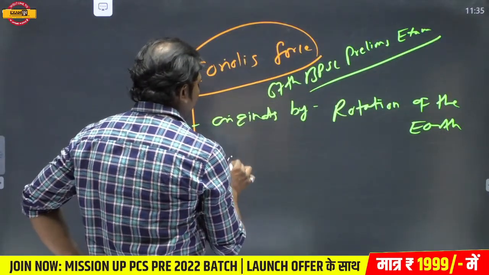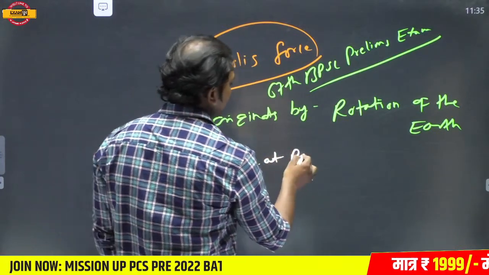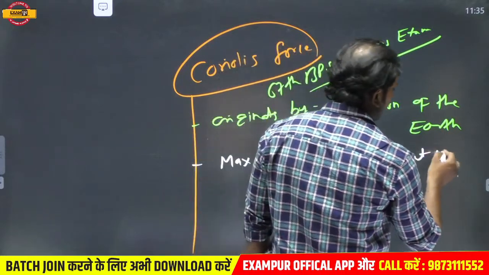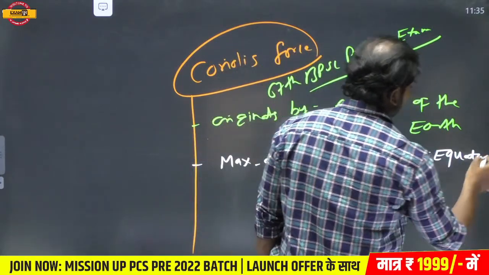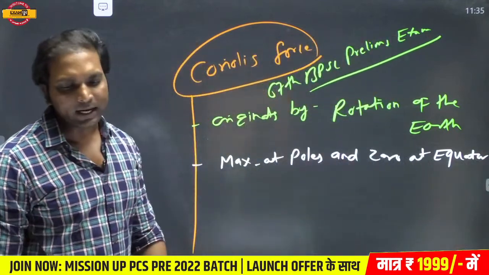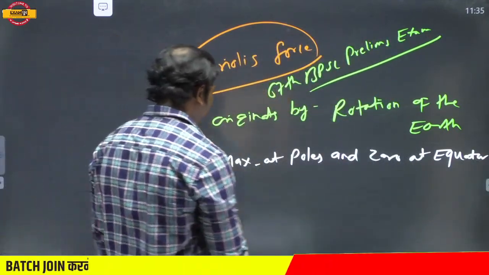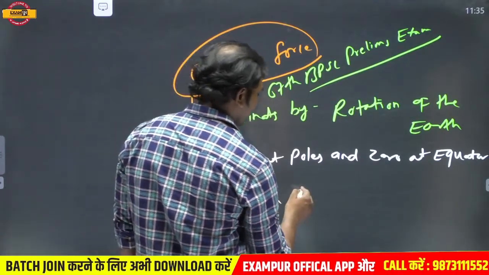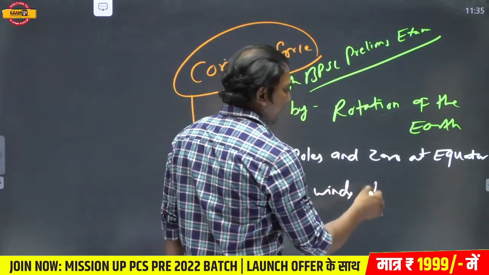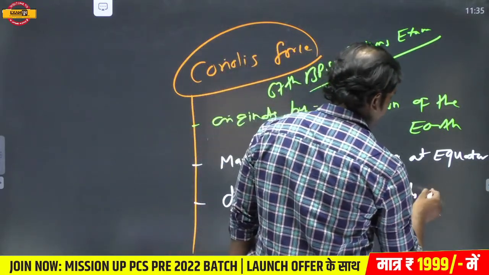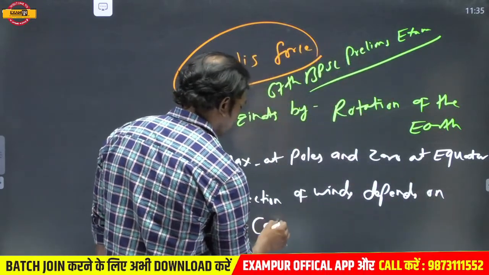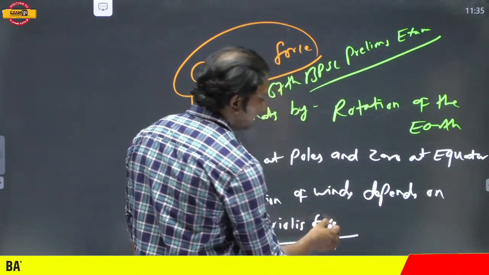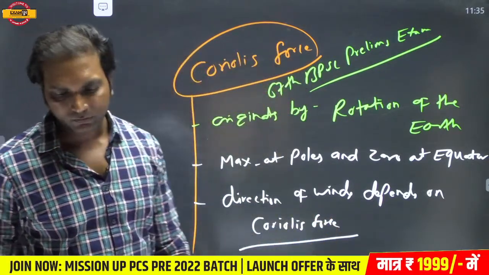Take the next. It is maximum at the poles and zero at the equator. And the last one, the direction of winds depends on the Coriolis force.